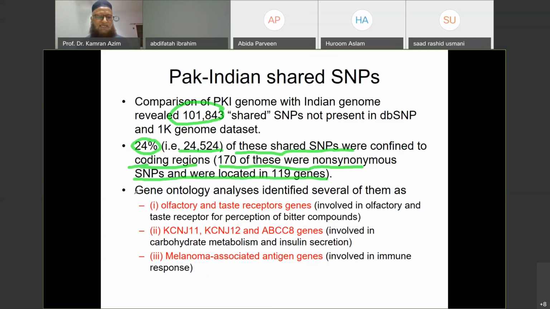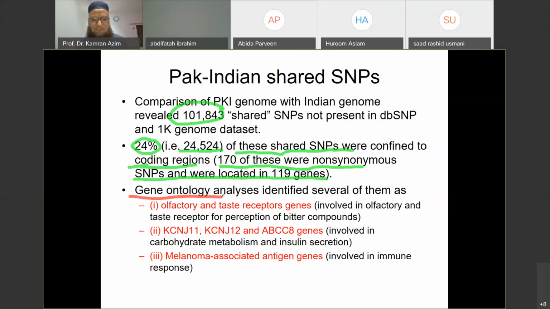Gene ontology analysis is basically a gene classification analysis, in which functional class these genes are classified.